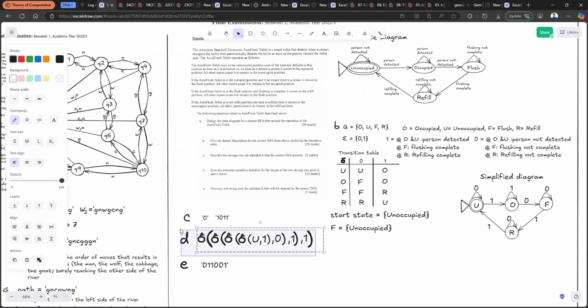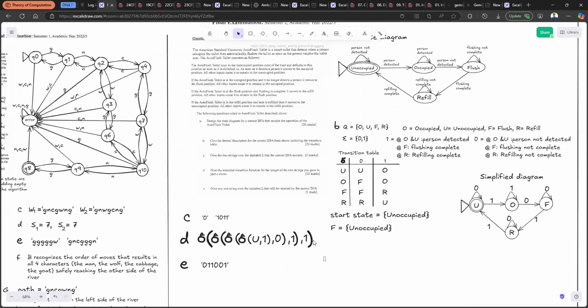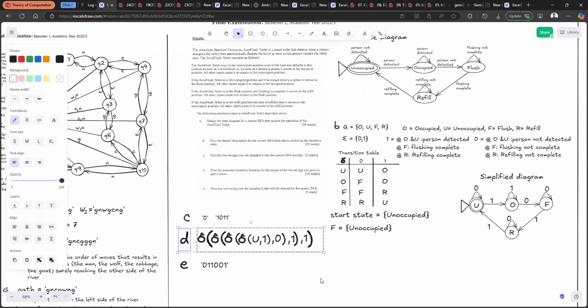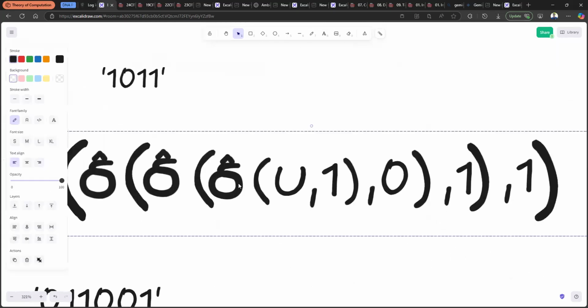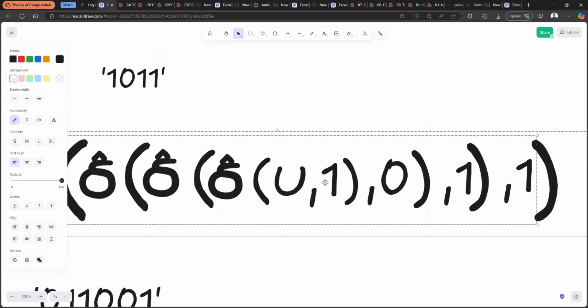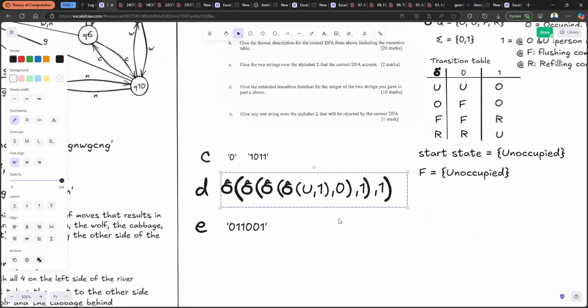And then for D, it says give the extended transition function. I actually still don't know what it meant, but I did some research and I'm thinking this is what it means. If you look in the inner part, where we have the U and the 1, why do I have the U and the 1 there?